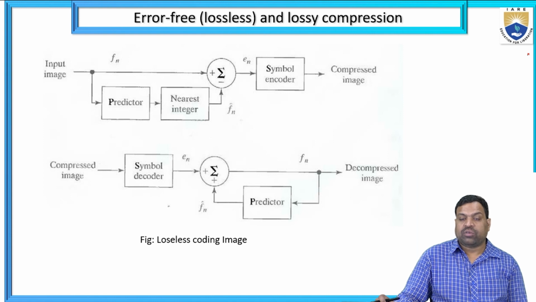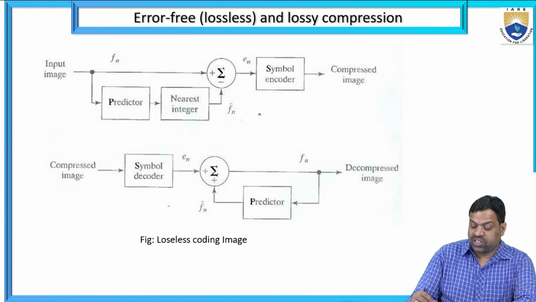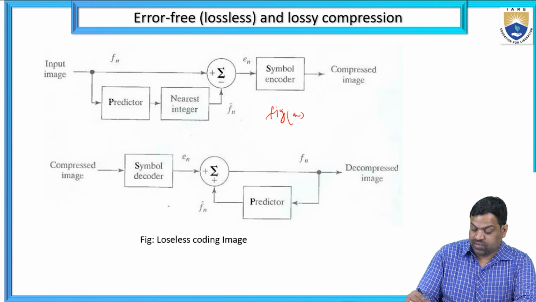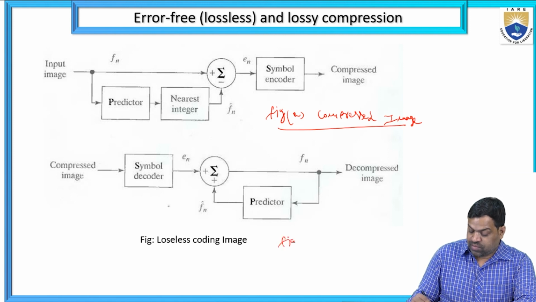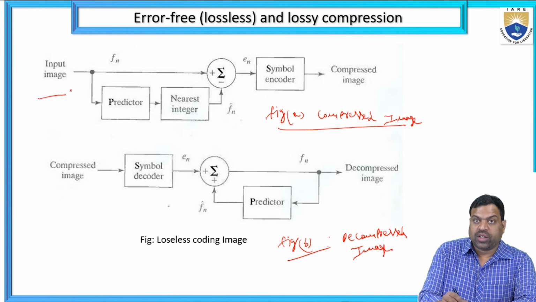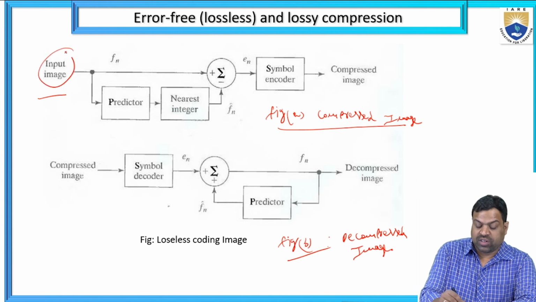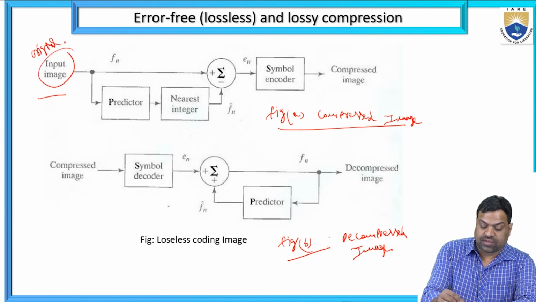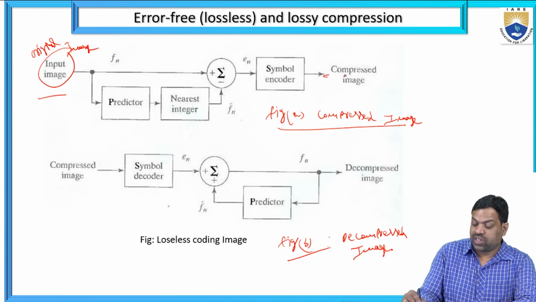And this is an example block diagram of lossless image coding. First is the input to compressed image, figure A. Input is the original image, output is the compressed image.